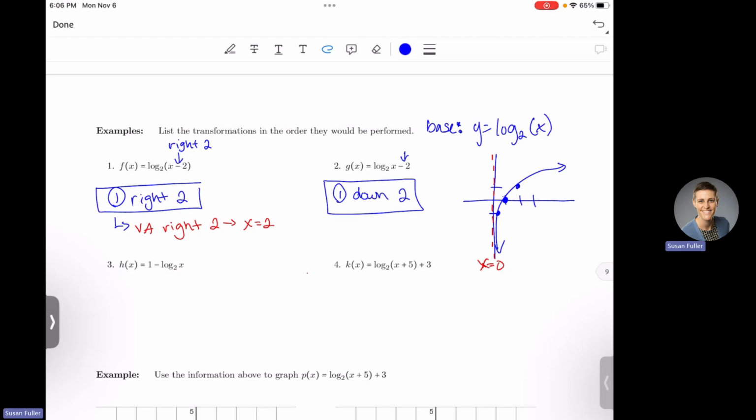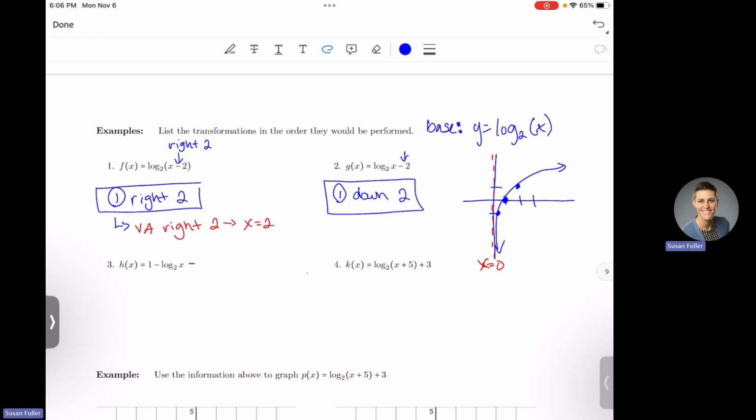All right, number 3, 1 minus log base 2 of x. This is one where our brain is going to have a harder time figuring out our transformations from this format. I'm going to move things around so that my log comes first, and any numbers that are added or subtracted, I'm going to move to the right side of the log.